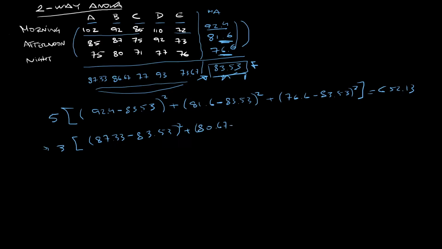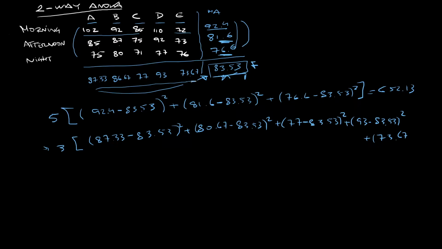80.67 minus 83.53 squared plus 77 minus 83.53 squared plus 93 minus 83.53 squared plus, I'm going to get this down here, 73.67.